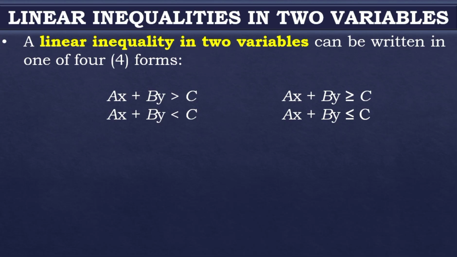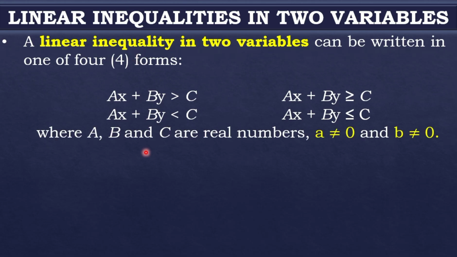So, we have four forms wherein we are using the symbols of greater than, less than, greater than or equal to, and less than or equal to. So, itong mga to, ang apat na symbols na makikita natin sa linear inequalities. Now, remember that your A, B, and C should be real numbers, and your A and B should not be equal to 0. So, again, this is just a review.